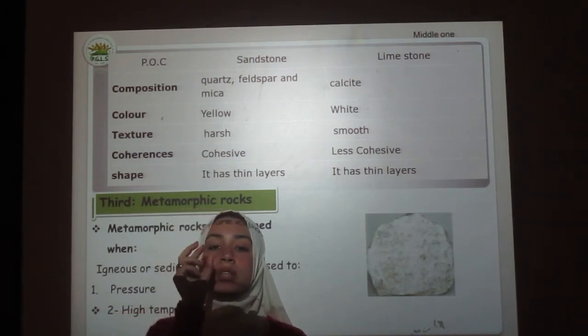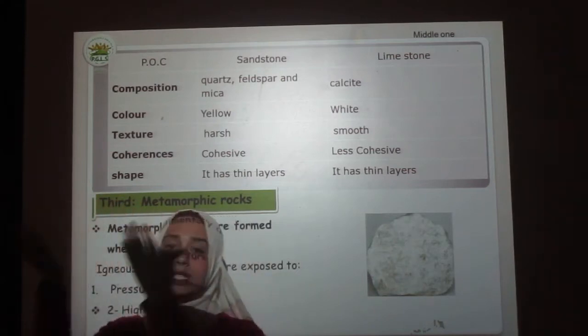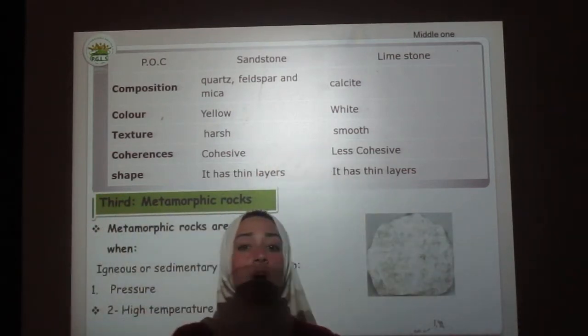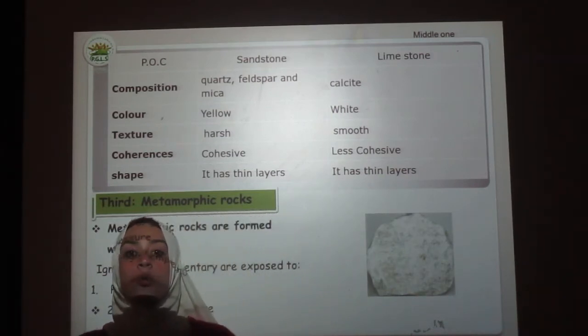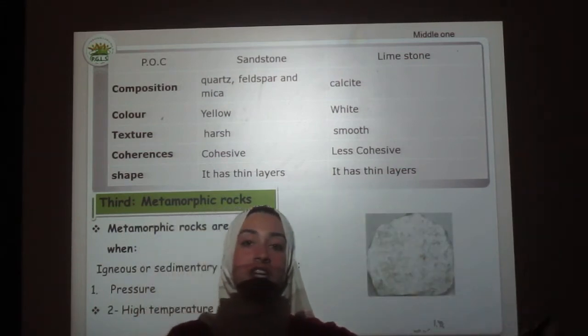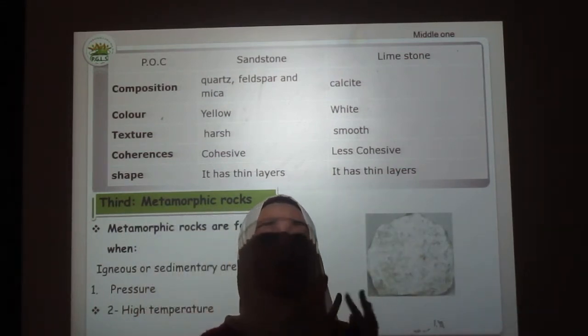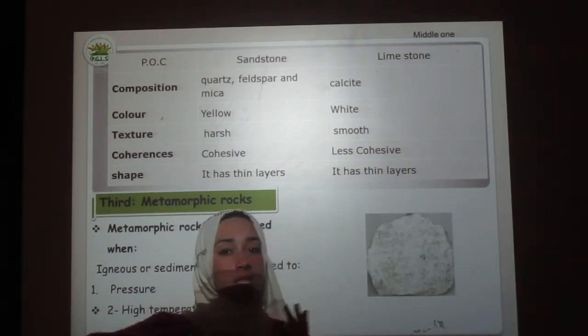They fragment into small parts. The small parts are transported by the effect of wind, fast water, or waves. They transport from one place to another, and after time they cohere together and form layers of sedimentary rocks.